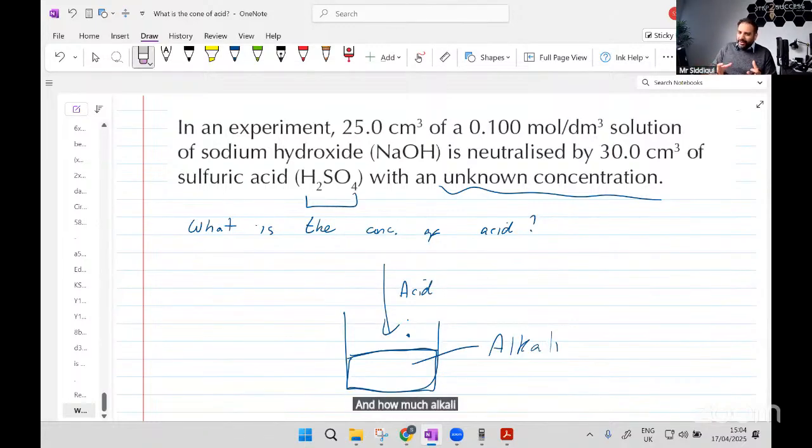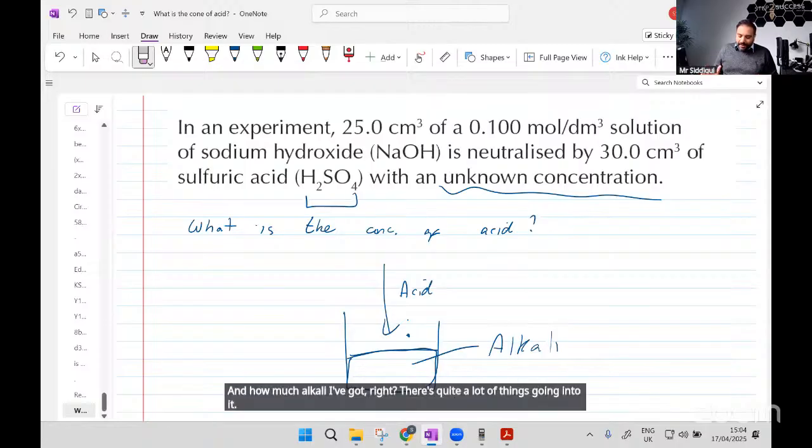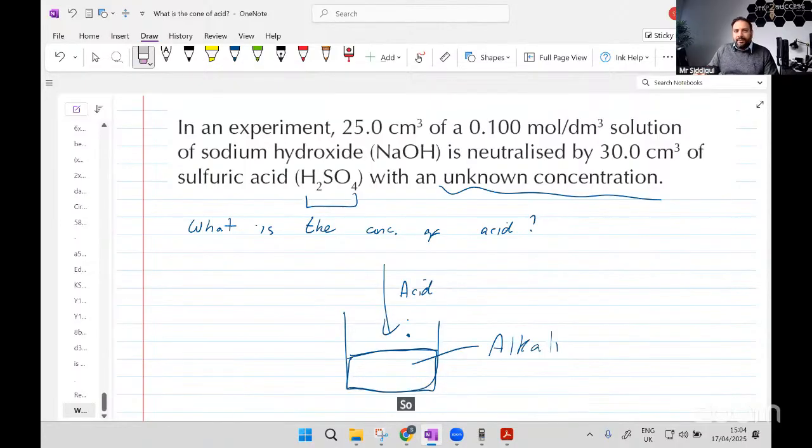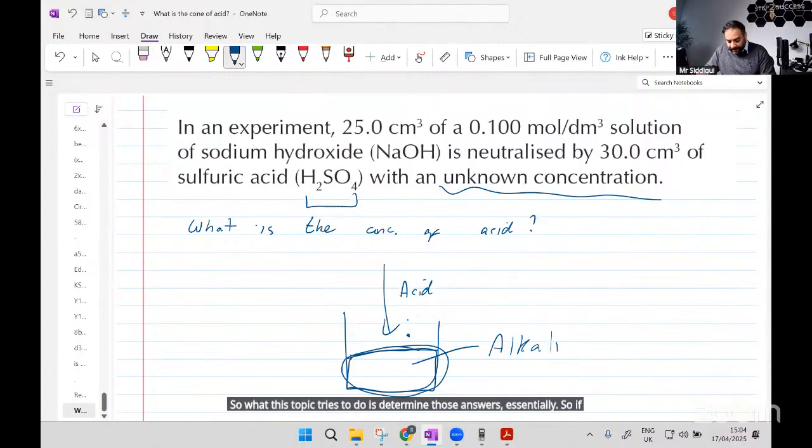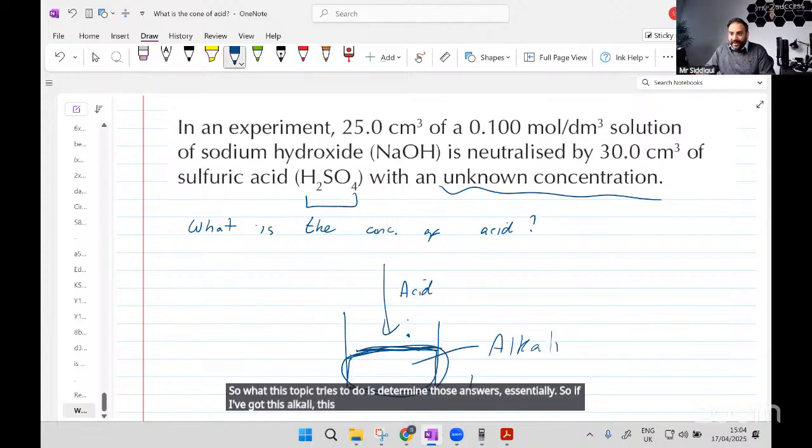There's quite a lot of things going into it. So what this topic tries to do is determine those answers essentially. If I've got this much alkali of this strength, how much acid and at what strength would I need to add to it so that it all neutralizes and balances out? And that's what we're trying to work out here.